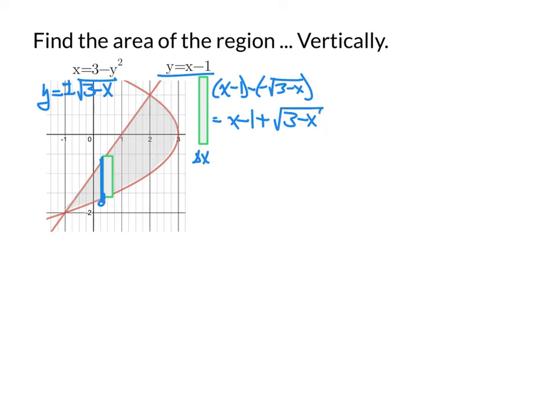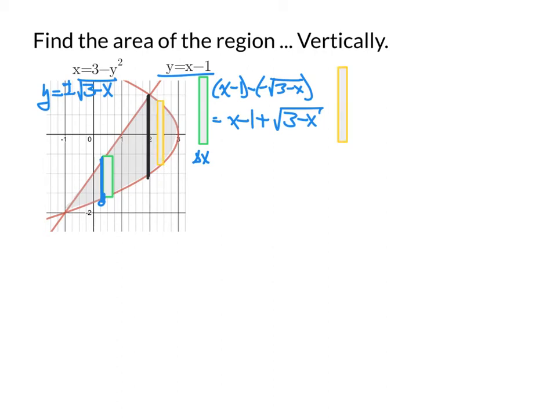Now that representative rectangle only goes so far. It will only be the case that the line is above the parabola up until x is equal to 2. After that, we have a different rectangle.